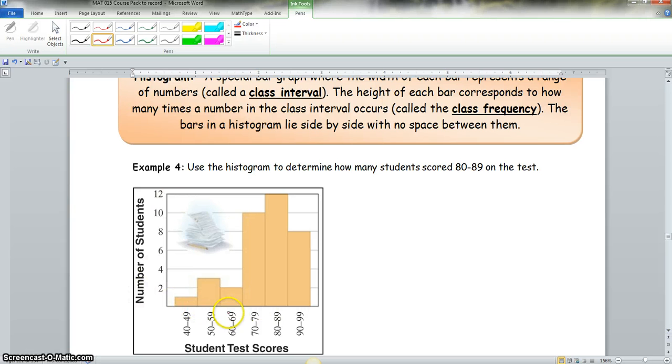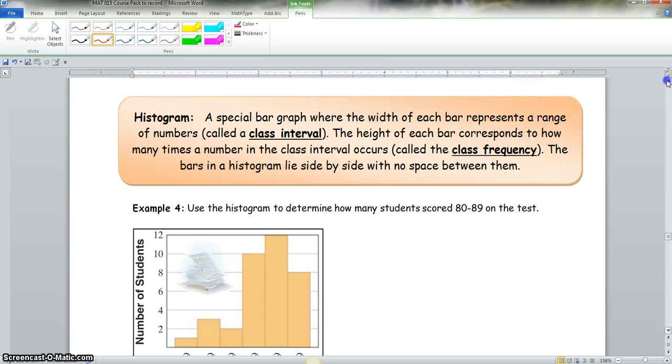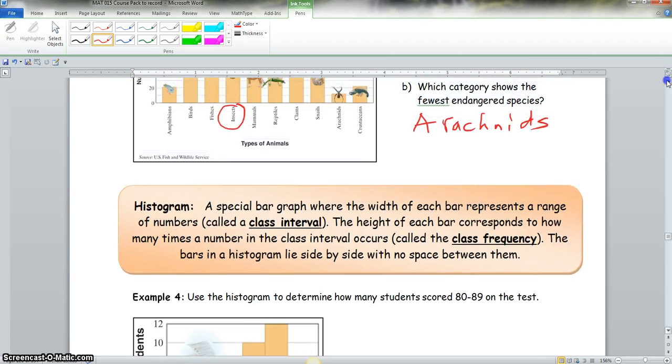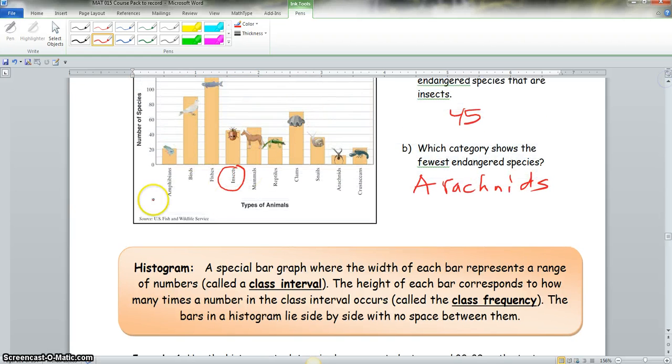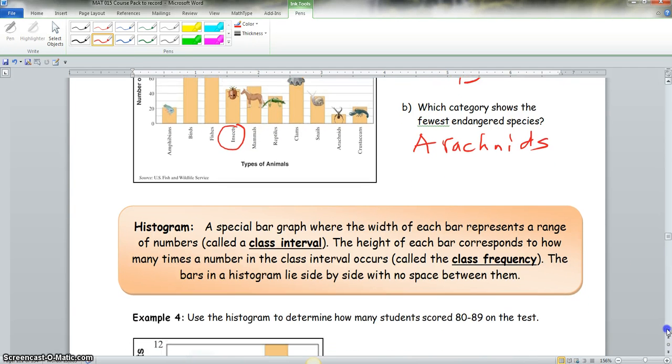However, remember, it represents class intervals here on your x-axis, whereas, let's compare this to the bar graph. With the bar graph, if you notice, the bar graph represents a singular term here. Even though this is plural, it's still a single term, like it's birds, fishes. It's not fishes to insects for this bar. And then they're not connected like the histogram is.